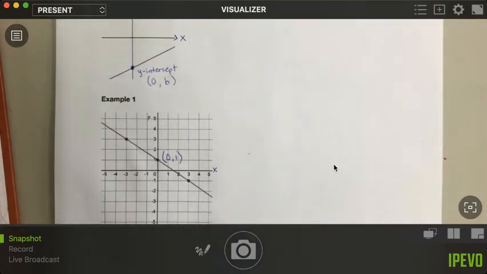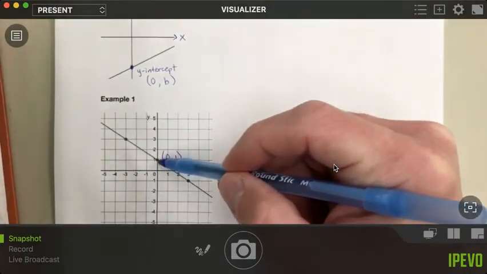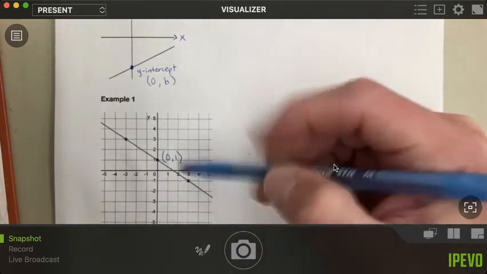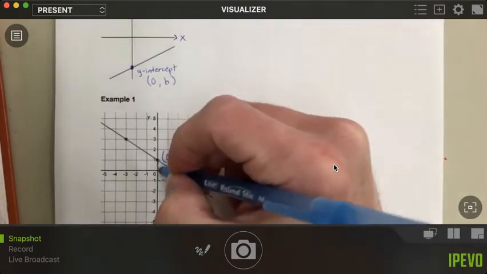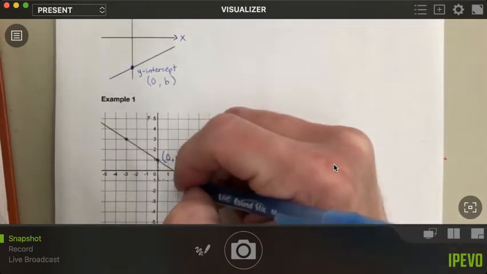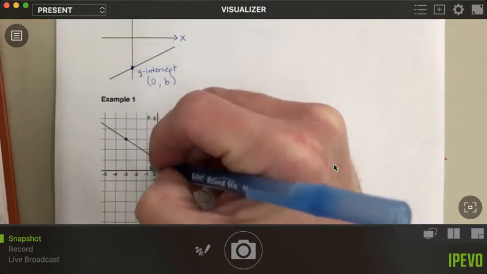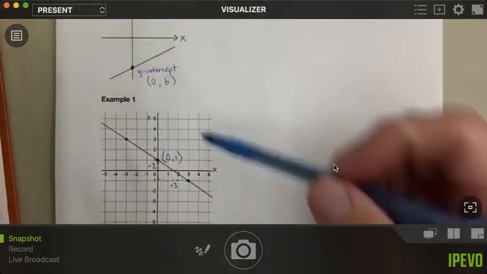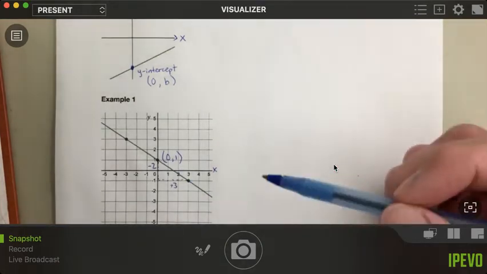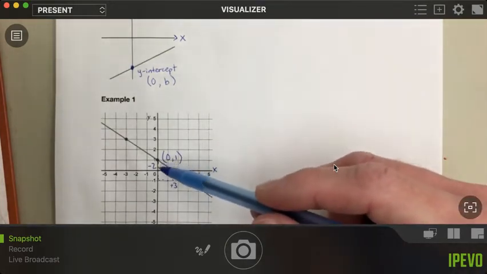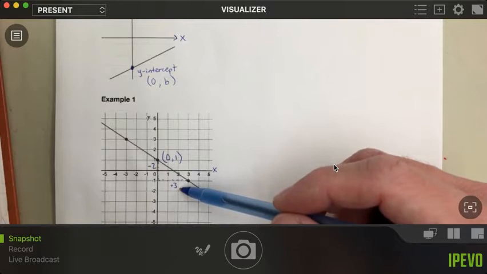All right. The other thing is make sure we're paying attention to our slope. So from this point to this point, I see we're going down 2 and to the right 3. So the only catch is, remember, when we're going down 2, and then we're going right 3, in this case my slope then would be -2/3.